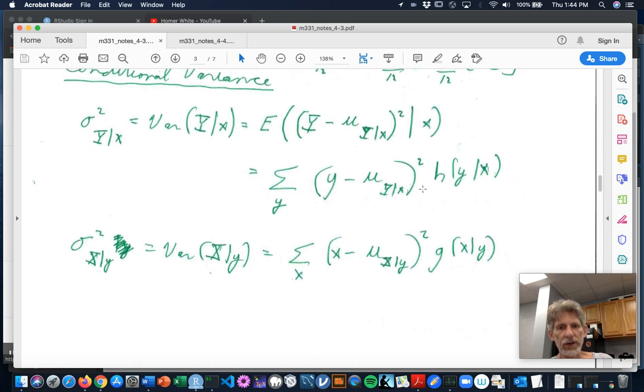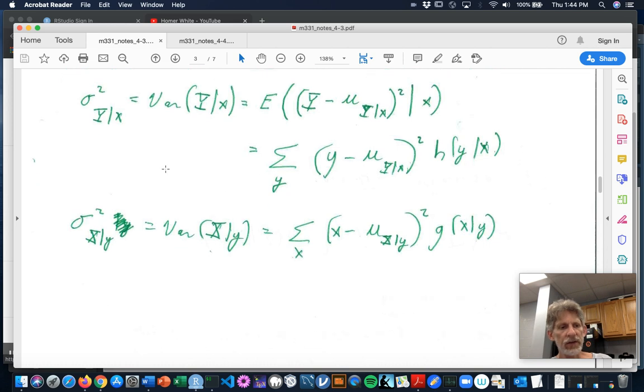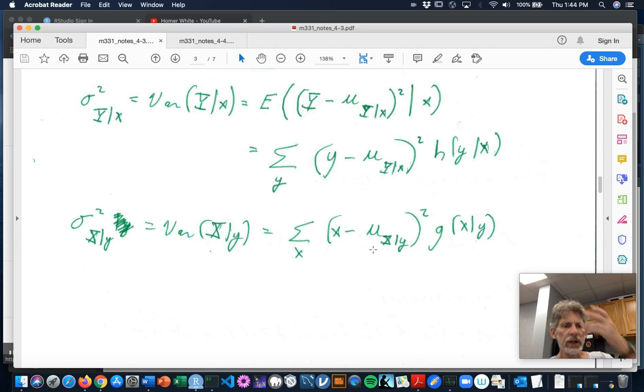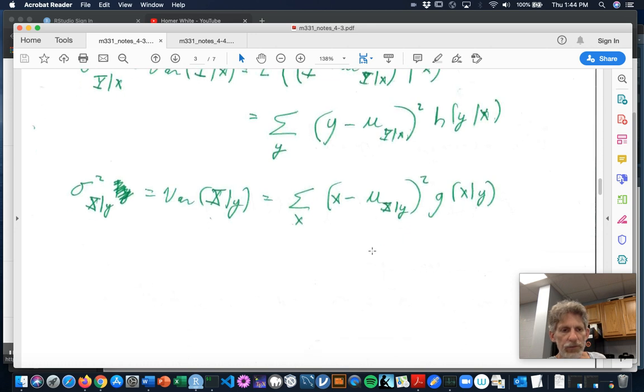And so the way you'd work it out is you'd sum over all the y's, y minus that conditional mean squared, times the little conditional PMF. And similarly, if you had to do a variance of a conditional random variable.